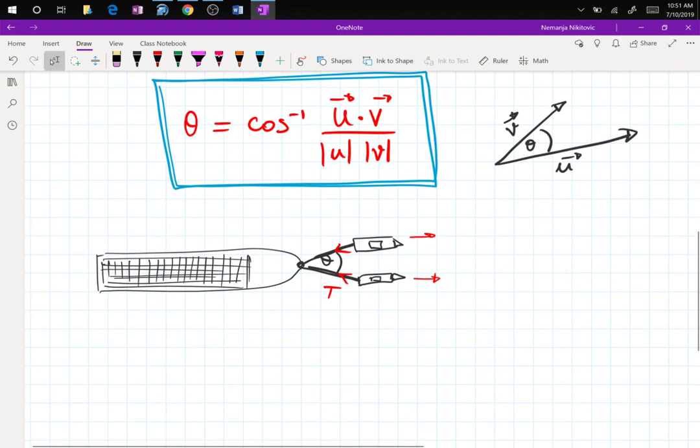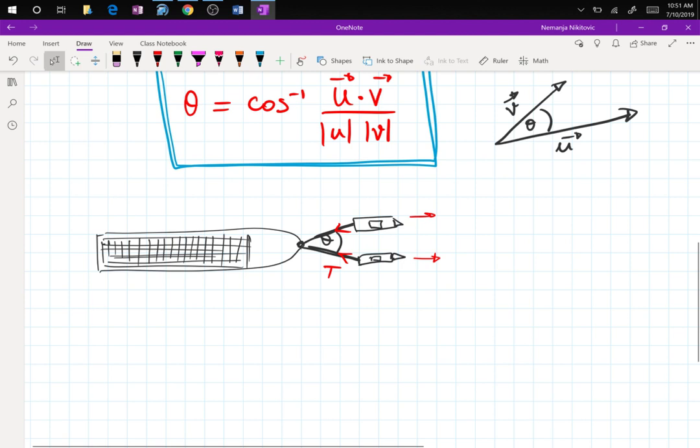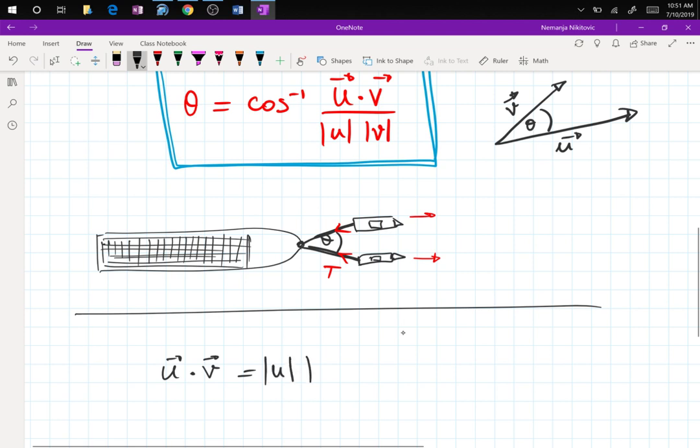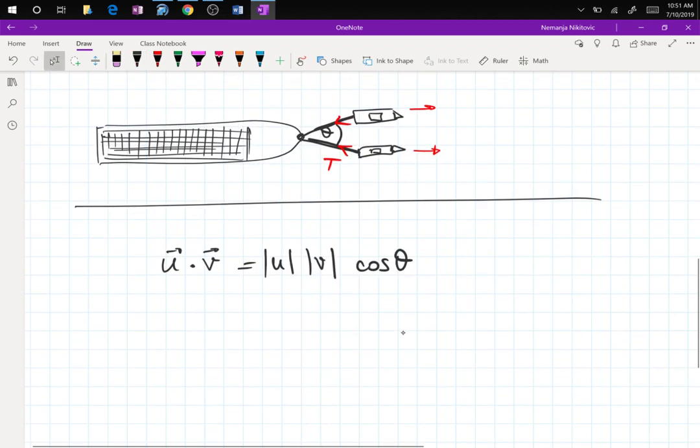So, as you look at the formula, u dot v is equal to magnitude of u, magnitude of v, times cosine theta.